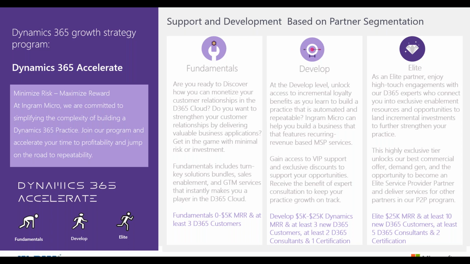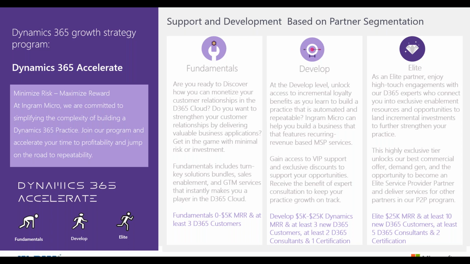The next one is called Elite. Under Elite, we understand you're a mature player and you have done many transactions in the D365 ecosystem, and you're fairly established, having an established, competitive competency for go-to-market.